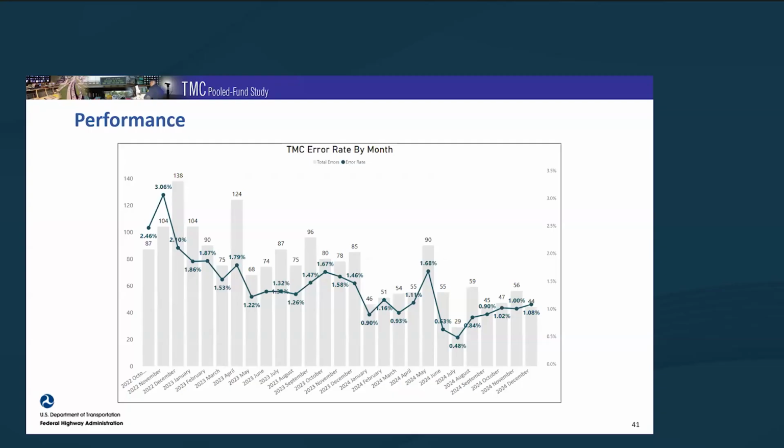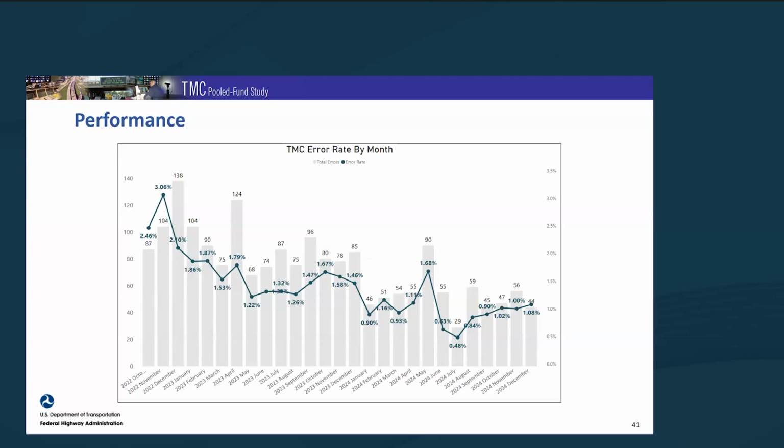So with this example, we would see that the operator with the lower amount of events would have an error rate of 30%, while the operator with the higher amount of incidents, same number of errors, would have a lower error rate of 3%. And then we've also found that this metric just helps the operator easily visualize the performance. It gives them a value that they can track over time.